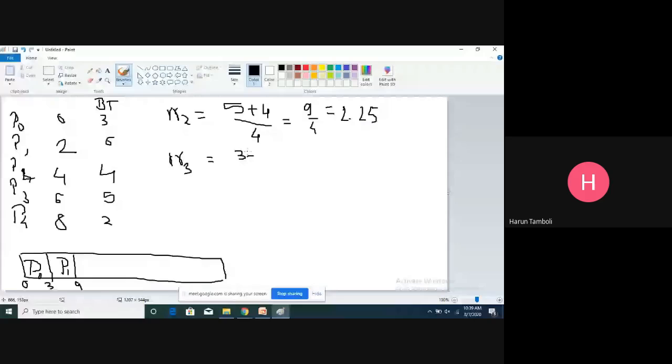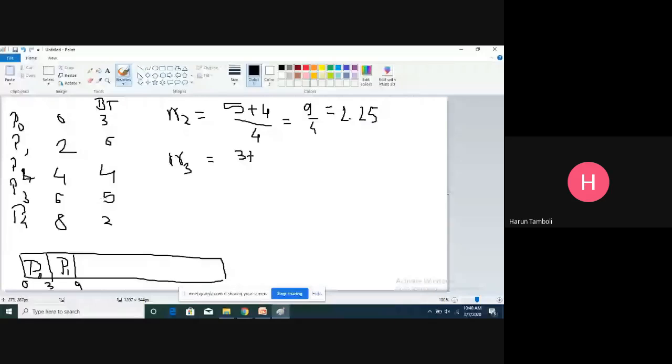Similarly, calculate the response ratio for P4. What is the waiting time for P4?